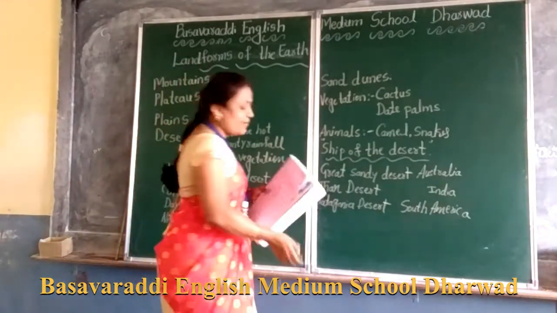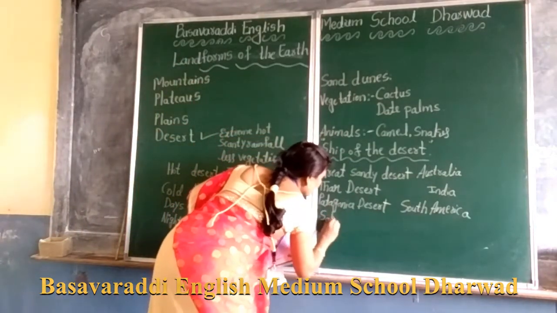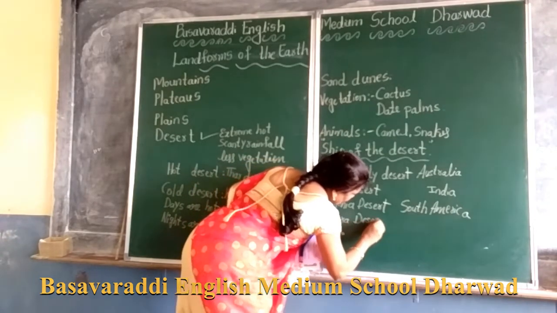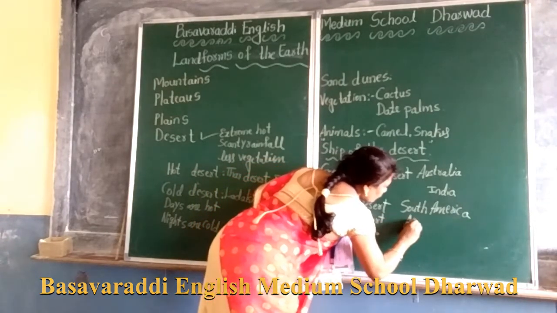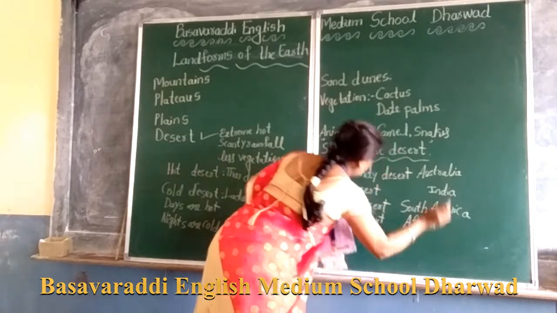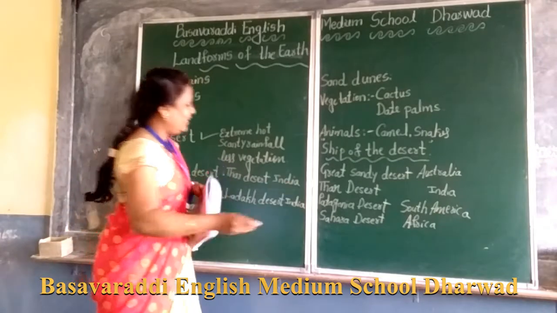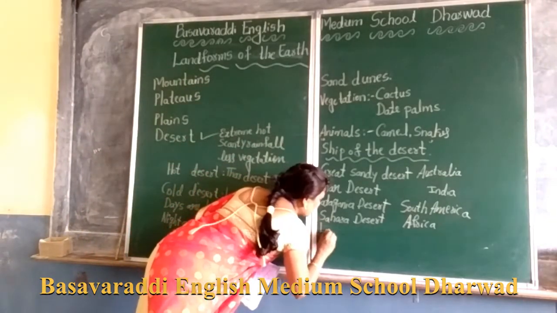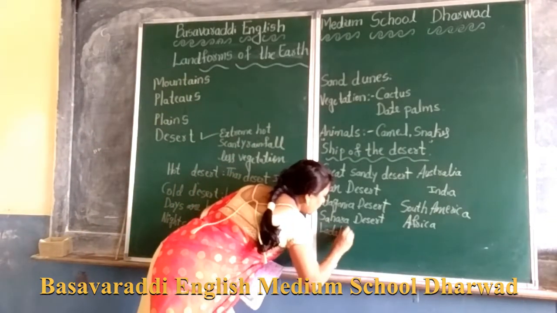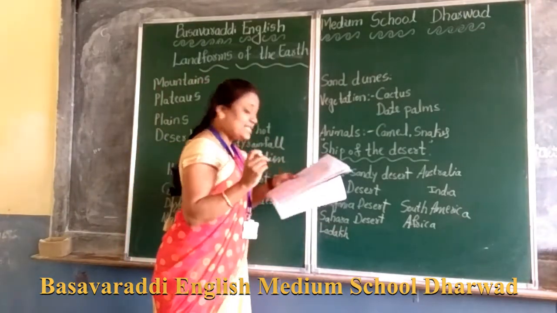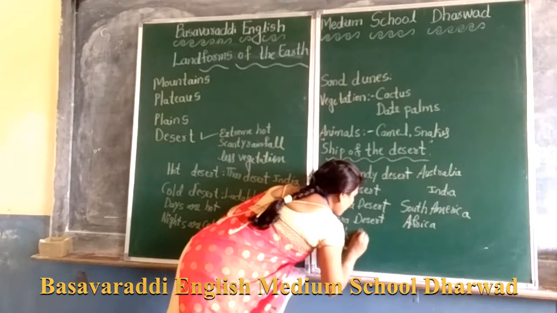Sahara Desert in Africa. Next one is Ladakh Desert in India. Do you remember? Ladakh Desert is an example of cold desert.